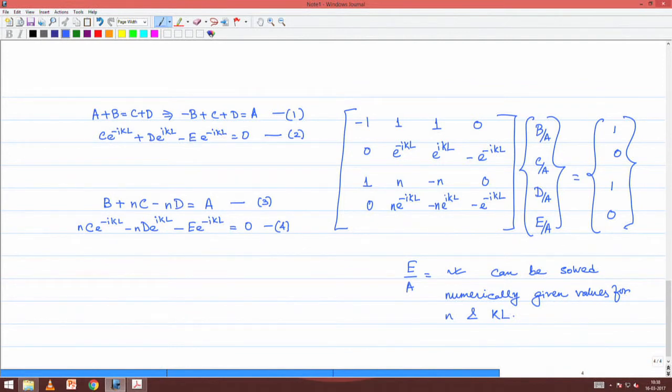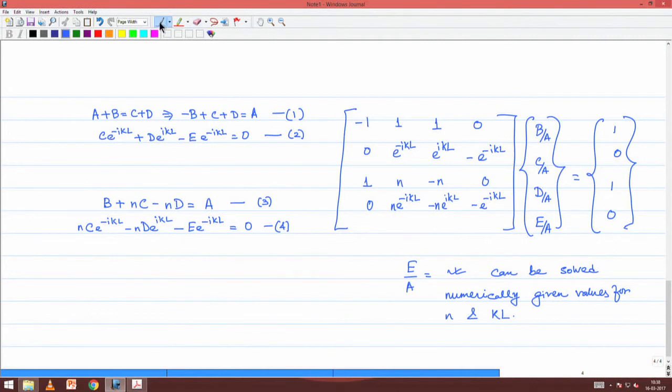Or it can be solved even symbolically in software such as Mathematica and even in the symbolic MATLAB toolbox. Okay, but all that you can do is probably take different values of n and solve it and see a graph of this quantity, or maybe you should plot directly the transmission loss.